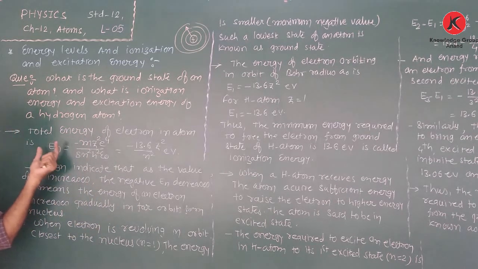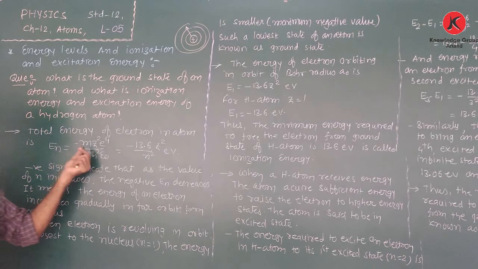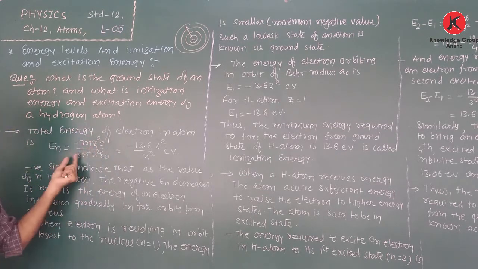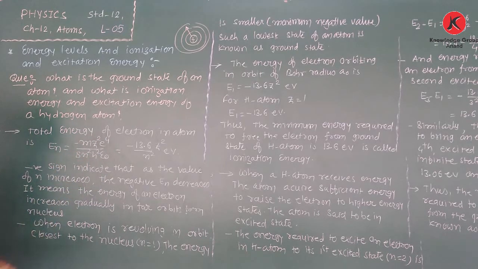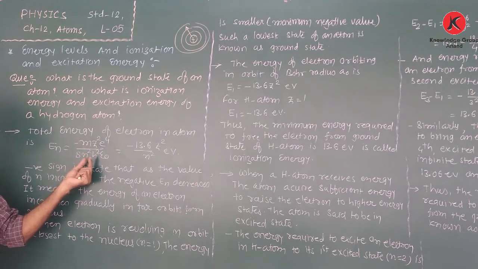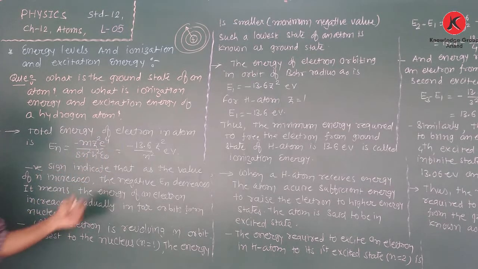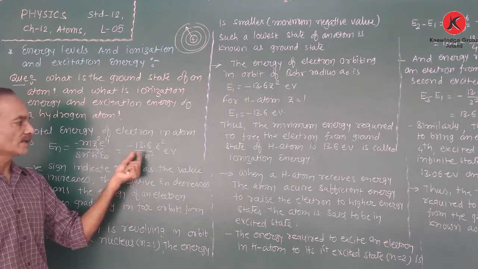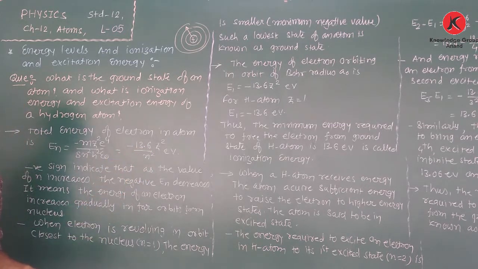Again, the total energy of an electron in an atom, En, is equal to minus m Z square e raised to 4 upon 8 n square h square epsilon 0. Substituting the values of the mass of the electron, charge of the electron, Planck's constant and epsilon 0, we obtain the energy in electron volt as minus 13.6 into Z square upon n square.